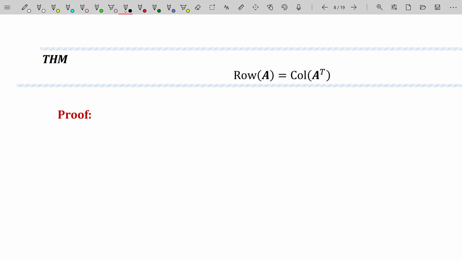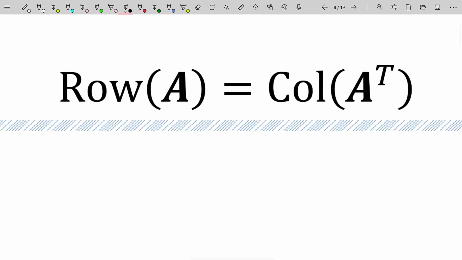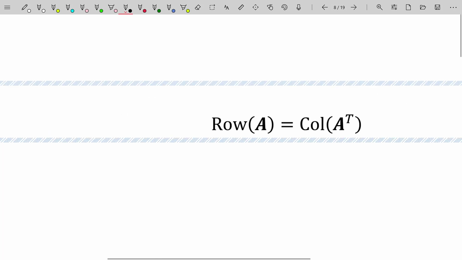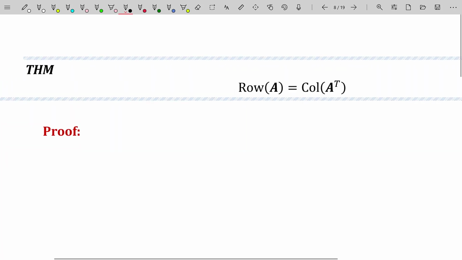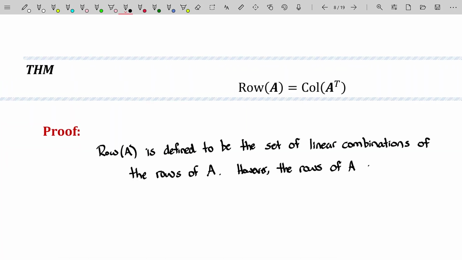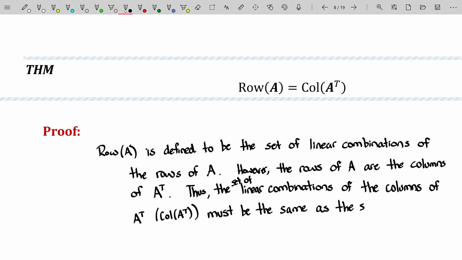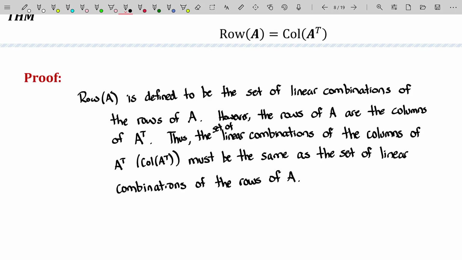Not much though. The row space of A is the same as the column space of A transpose. Now this proof is incredibly fast. The row space of A is defined to be the set of all linear combinations of the rows of A. However, the rows of A are the columns of A transpose.